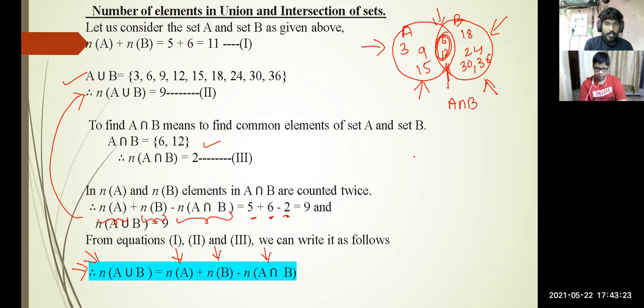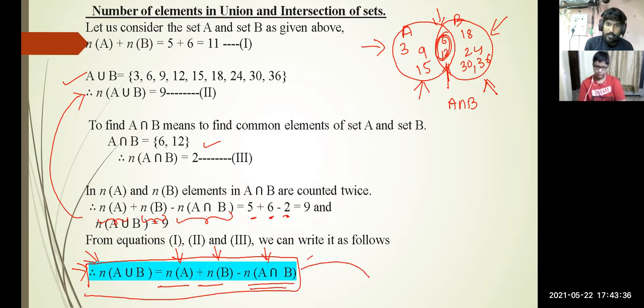Okay. So remember this formula. n(A ∪ B) will be n(A) + n(B) − n(A ∩ B). Also remember this: you're doing subtraction, minus n(A ∩ B), because an element in the intersection is counted 2 times.